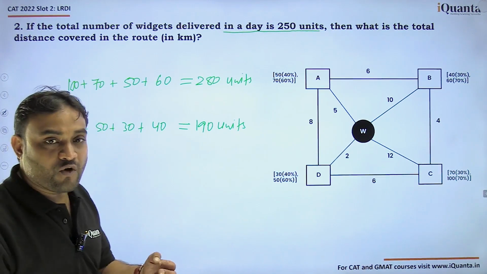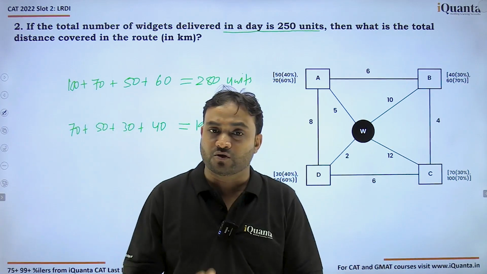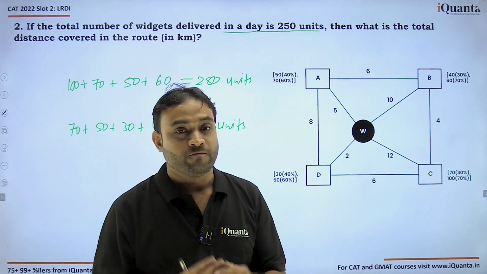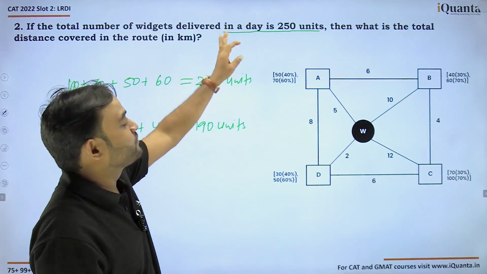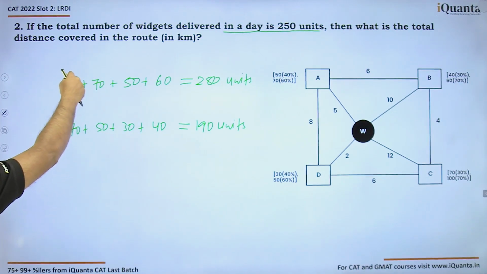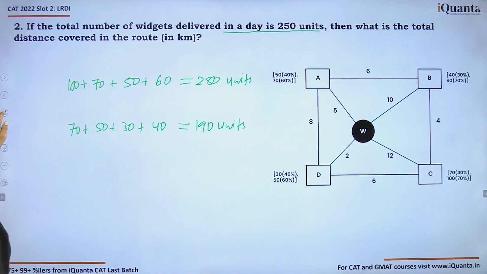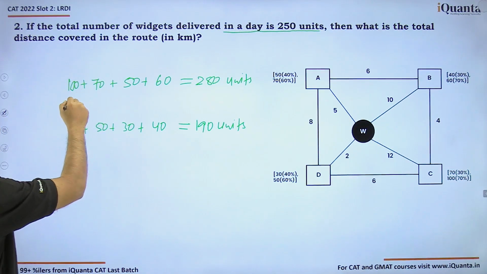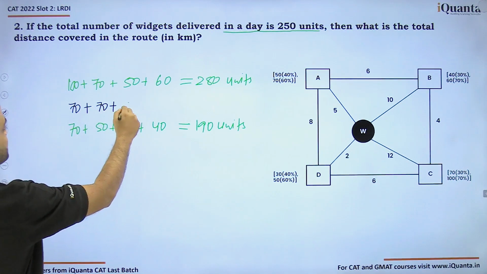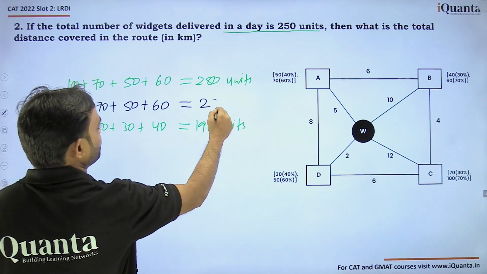If you decrease one or two of these or three of these, the difference from maximum will be 20 or 40 or 60, which won't get us 250 units. How do we get 250 units? Only when we take the difference of 30, 250 and 280. Difference is 30. So the only value we require is taking this as 70 and keep the remaining as it is. This is how we get 250 units.